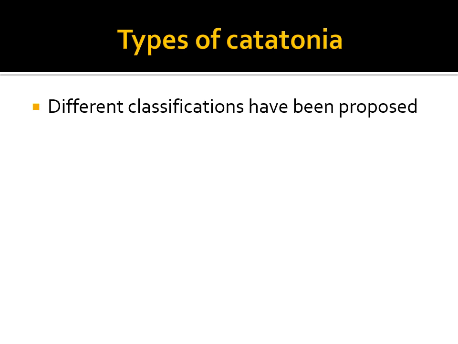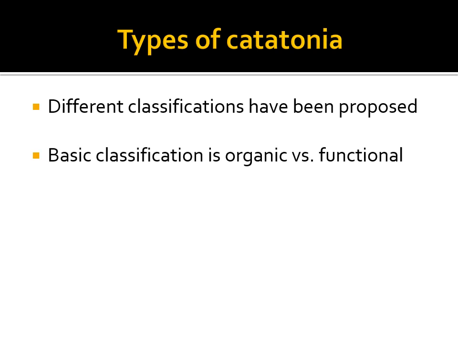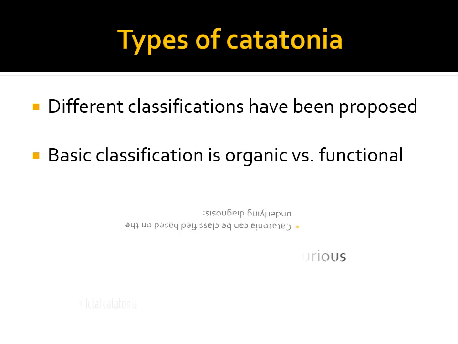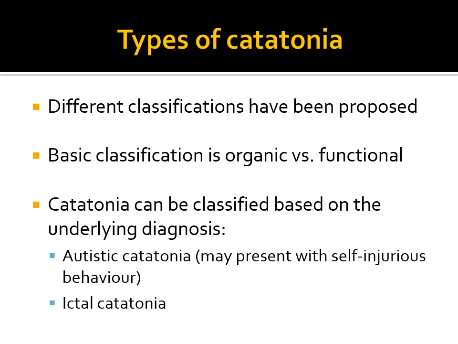Regarding types of catatonia, different classifications have been proposed. The basic classification is organic versus functional, and it can also be classified based on the underlying diagnosis. So autistic catatonia occurring in autism, and ictal catatonia seen in epilepsy.